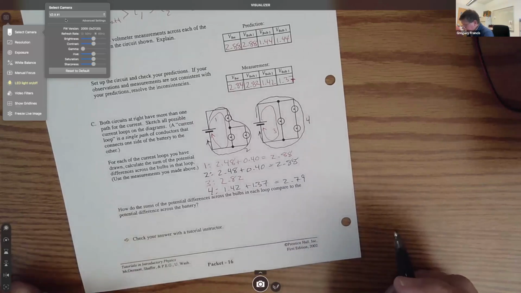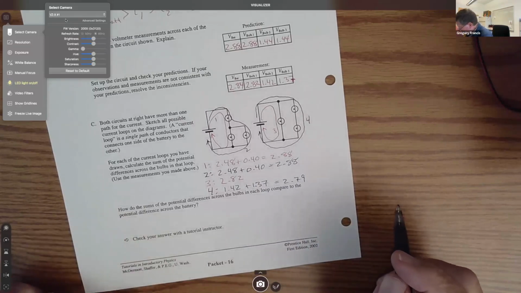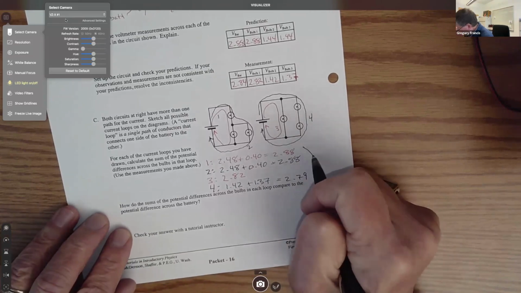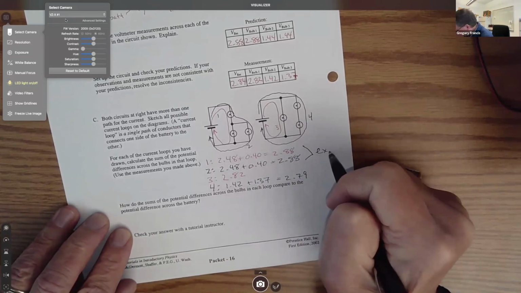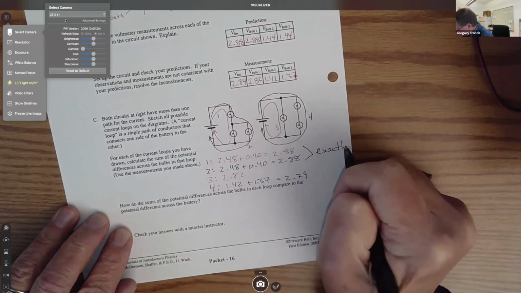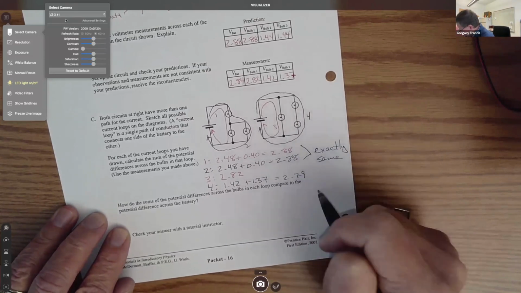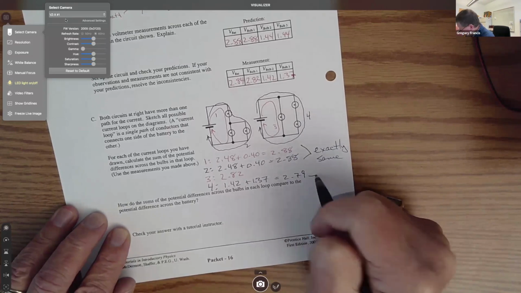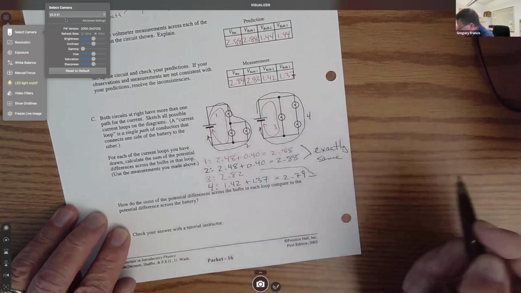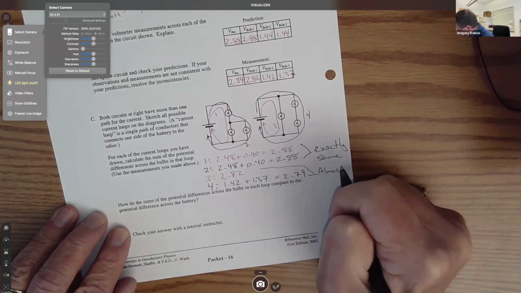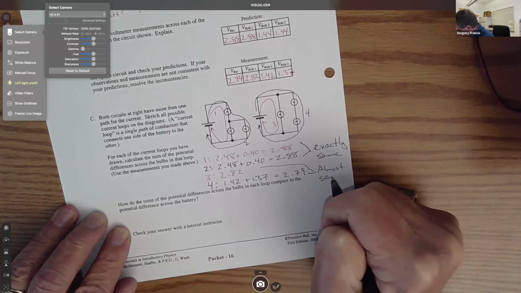How do the sums of the voltage differences across the bulbs in each loop compare to the voltage difference across the battery? For these two, it was exactly the same. And here it was almost the same.